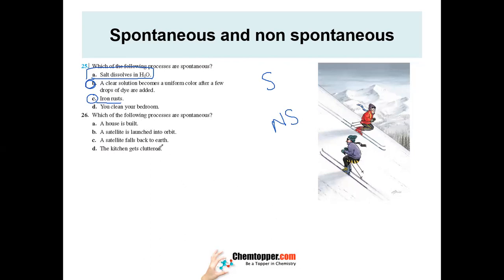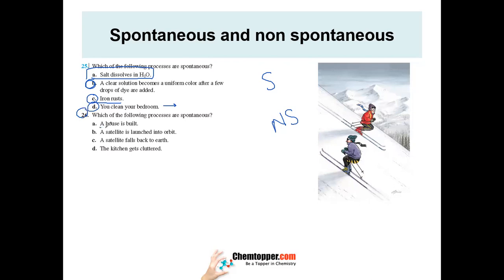Very good. Sammy, you're not there? D part. You clean your bedroom, Sammy. Is it spontaneous or non-spontaneous? Non-spontaneous, because you have to clean it. If you don't clean, it will not get cleaned on its own.